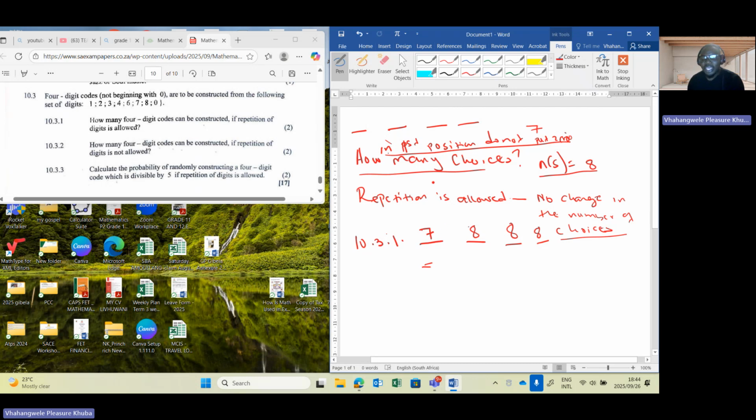Now remember, this kind of probability, the counting principle, is a product probability. So after writing your number of choices per position, you can multiply in between. You multiply, and then you have your answer.